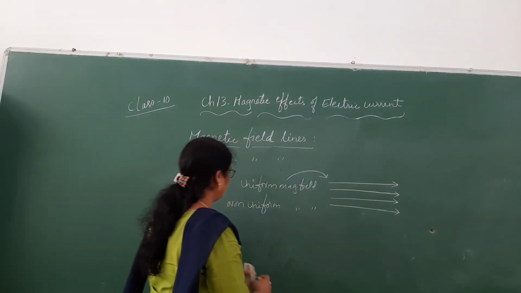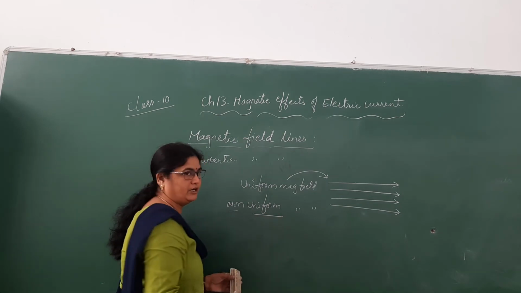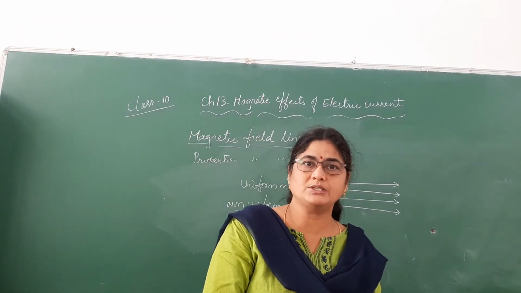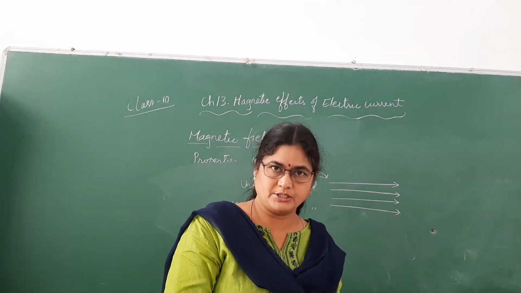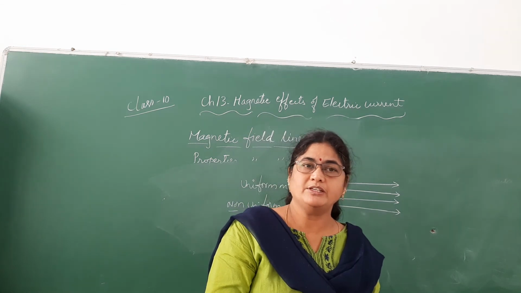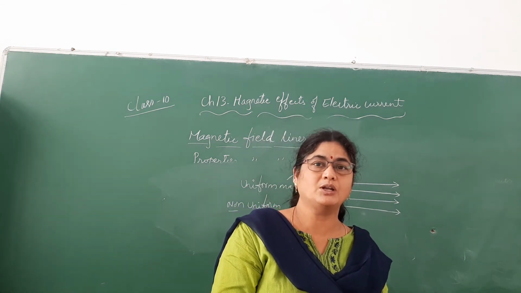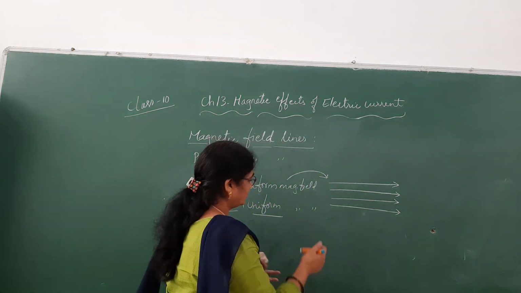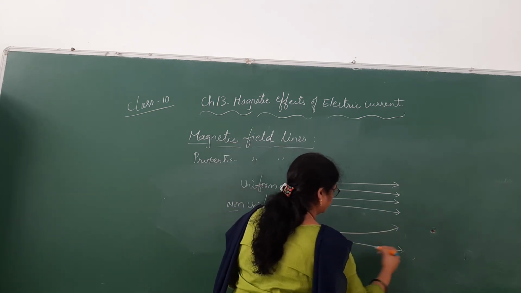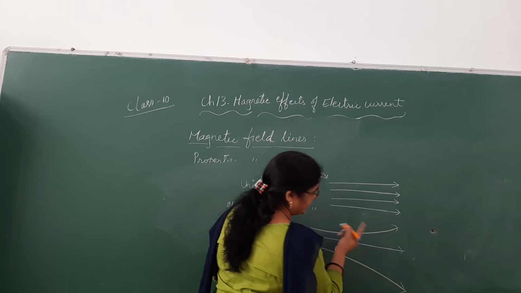Coming to the non-uniform magnetic field, either the strength changes or the direction changes, or both can change. Then we say that magnetic field is the non-uniform magnetic field. It is represented like this. The directions are changing.